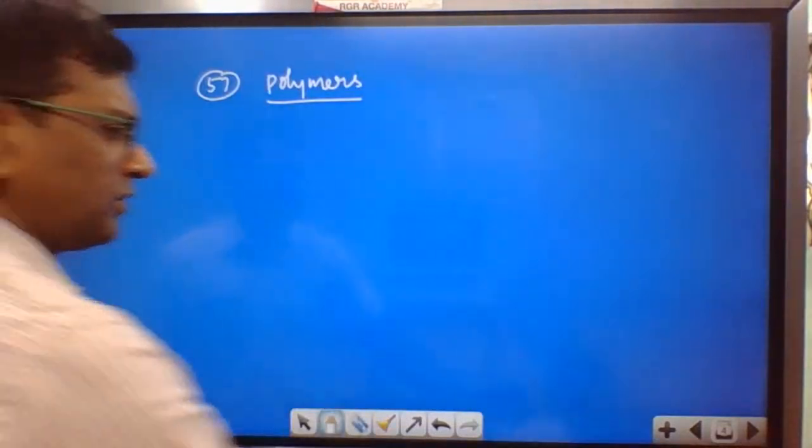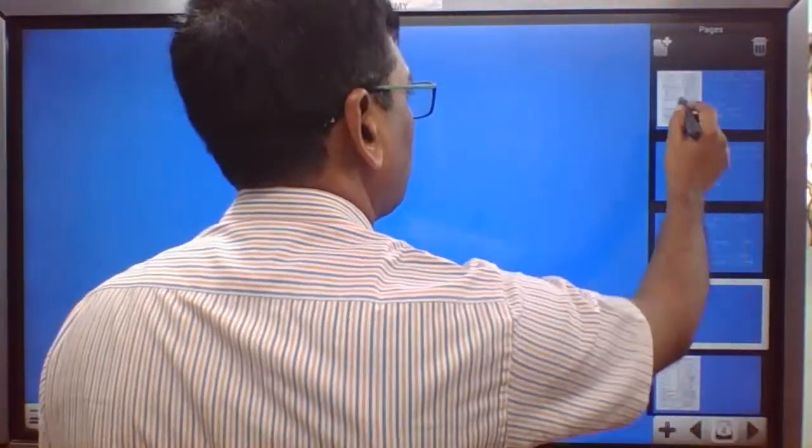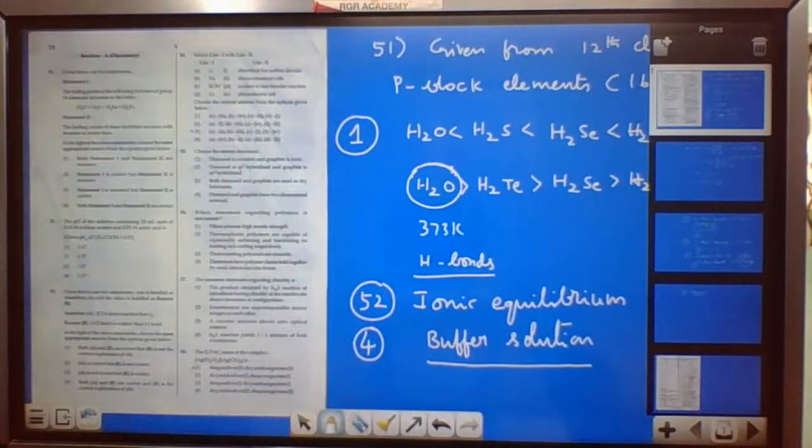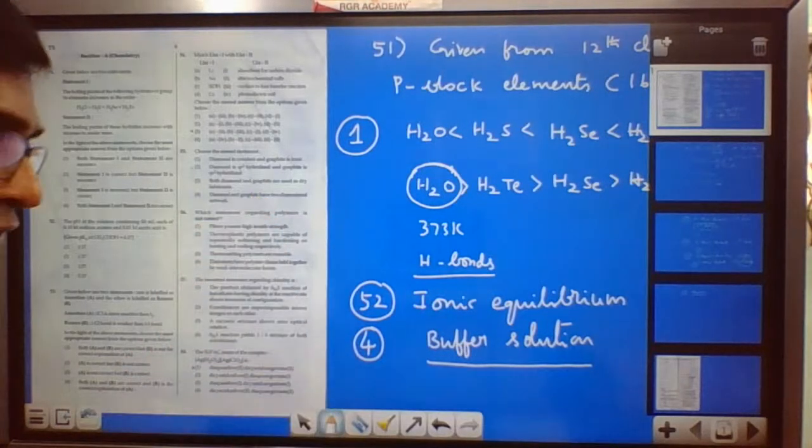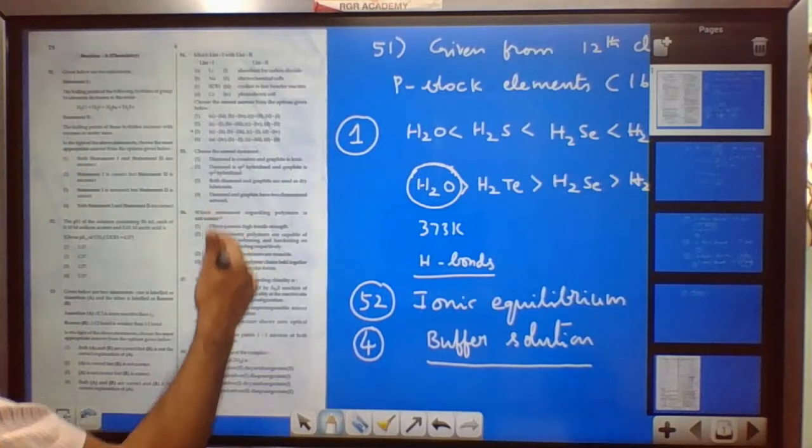In polymers, we have the classification of polymers. In that, we have elastomers, fibers, thermosetting polymers, and thermoplastic polymers. Regarding those 4 types of polymers, they gave this question.